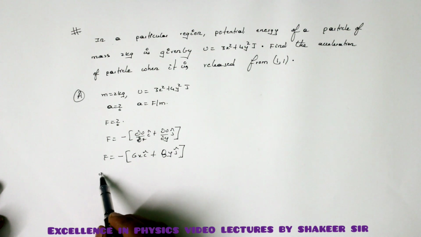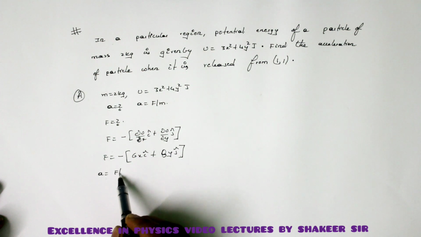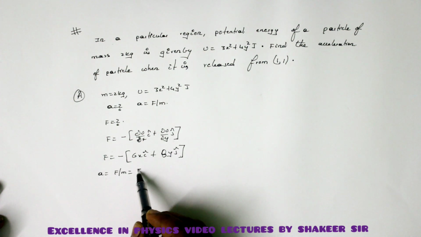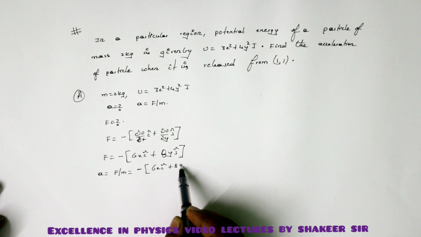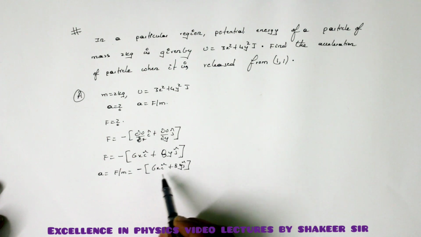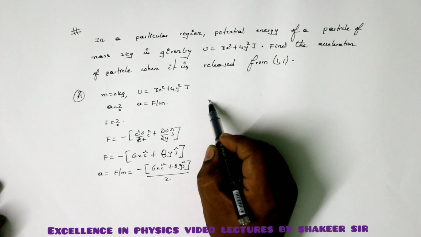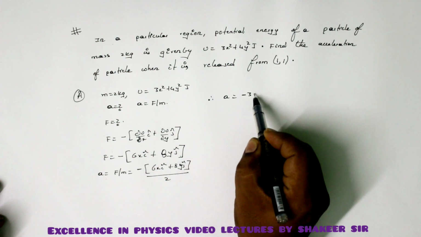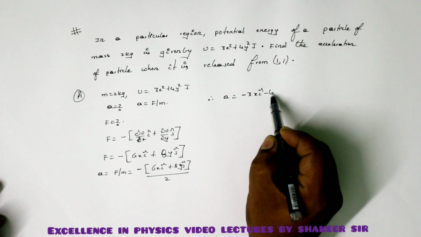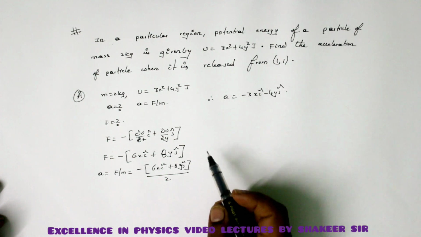So therefore acceleration is equal to F by m. So minus of 6x i cap plus 8y j cap divided by mass of the particle, which is 2 kg. So therefore acceleration is equal to minus 3x i cap minus 4y j cap.